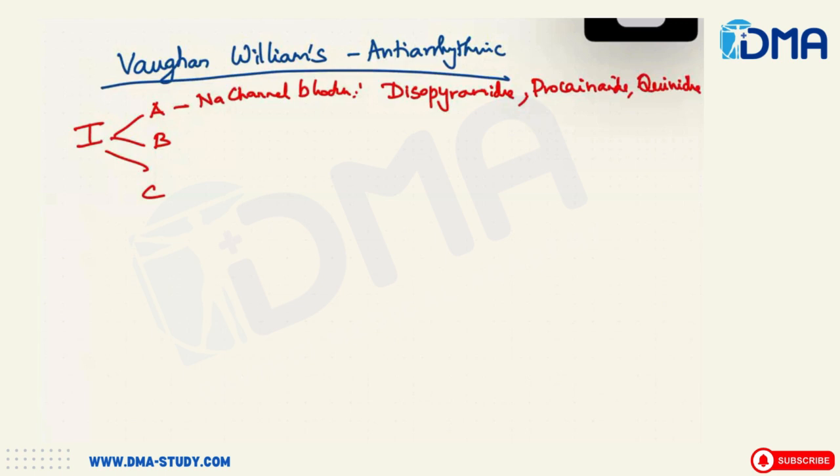Right? Next, 1B, it is inactivating the sodium channel. This is also a sodium channel blocker, but the problem is that the action potential duration will be extended in case of 1A and it will be shortened in case of 1B.